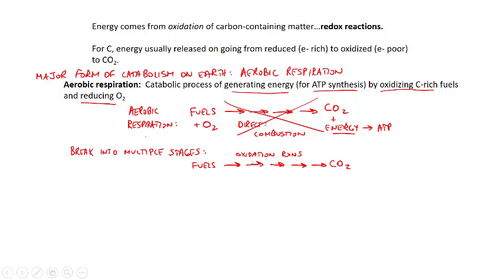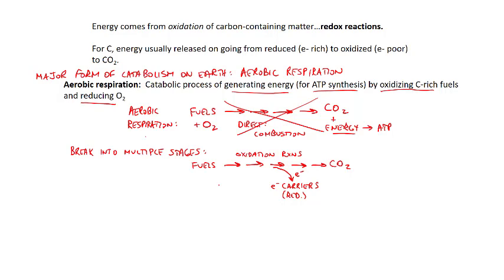Now, oxidation reactions, what's oxidation mean? Oxidation means that you're losing electrons. So that means that we're going to take electrons from our carbon-rich molecules, and we're going to put them on molecules called electron carriers. You'll recall that if you add an electron to something, it becomes reduced.